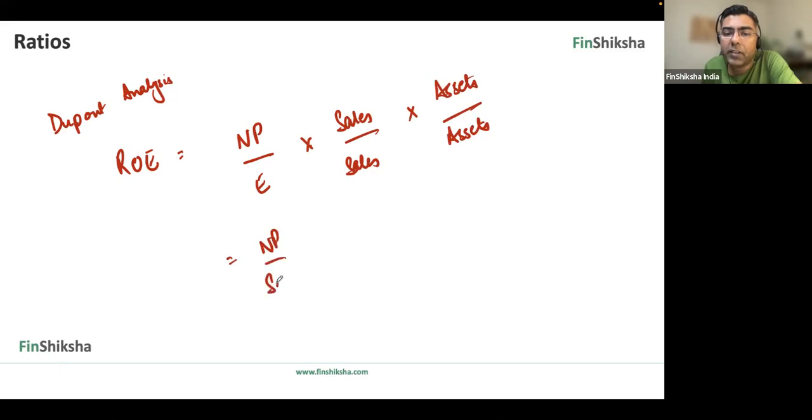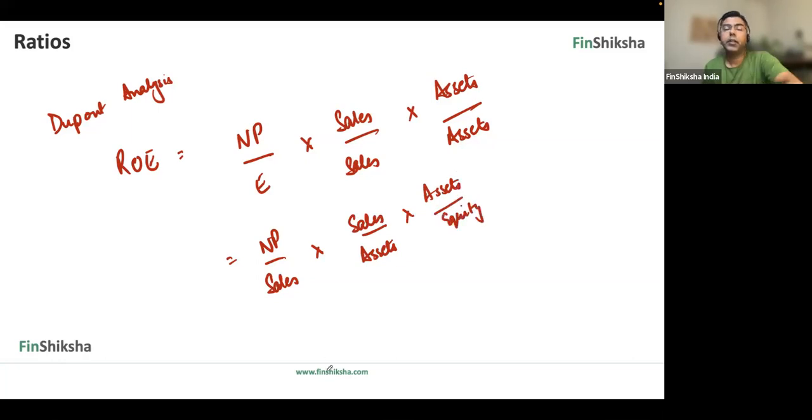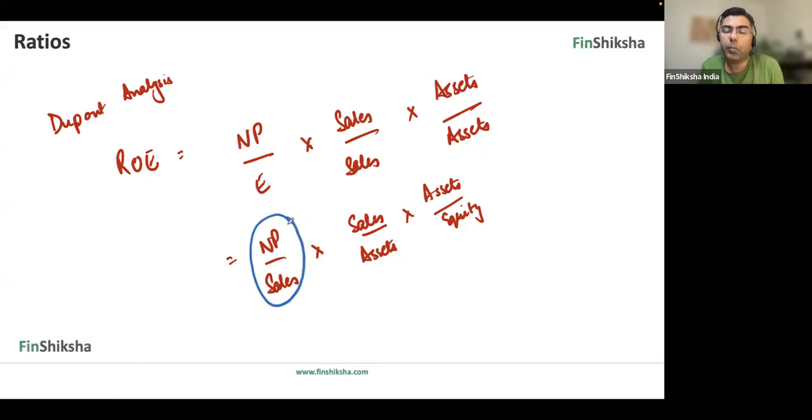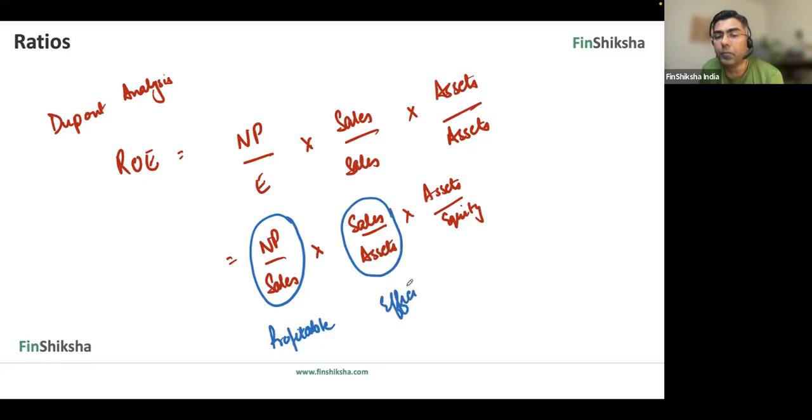So net profit by sales into sales upon asset into assets upon equity, correct? The first term here is my profitability ratio. It tells me how profitable the business is. The second term here is an efficiency ratio. It tells me how much sales am I generating per unit of asset that is there. The third term here is the mix of capital.